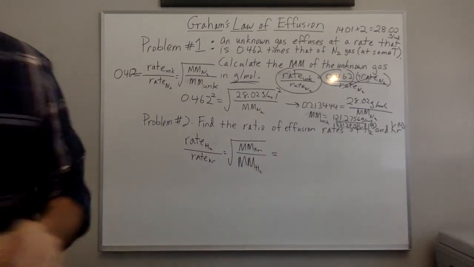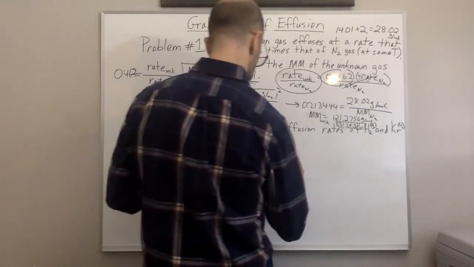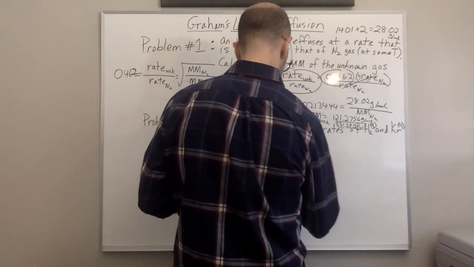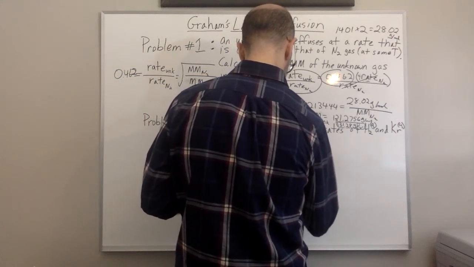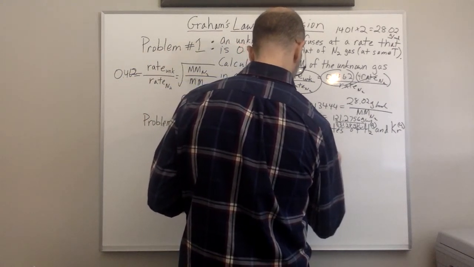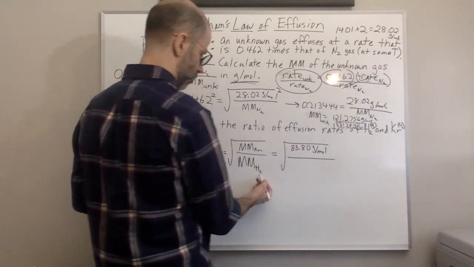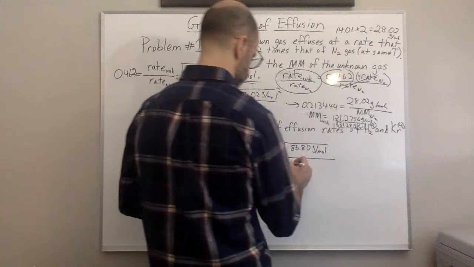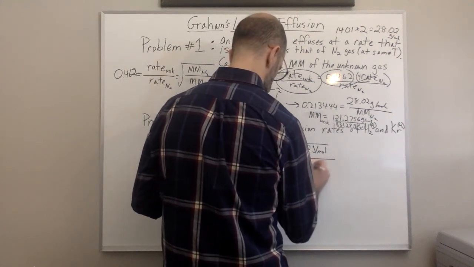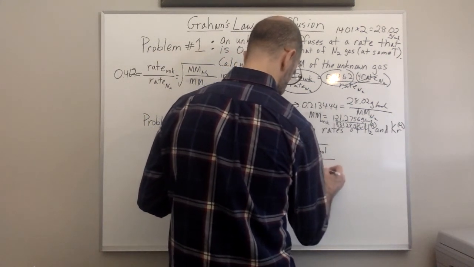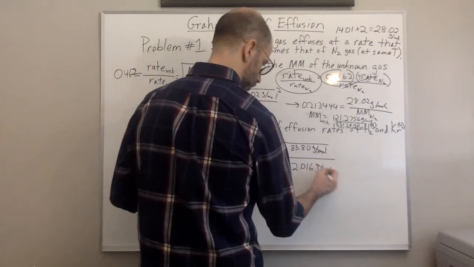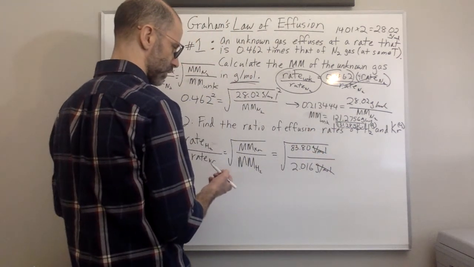Krypton is 83.80. So if we put this in, we'll have 83.80 grams per mole. And then hydrogen, that's 1.008, so that's going to be 2.016 grams per mole. Grams per mole cancel out, so we are unitless.